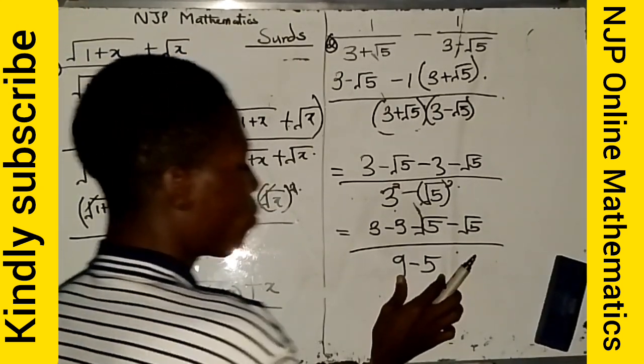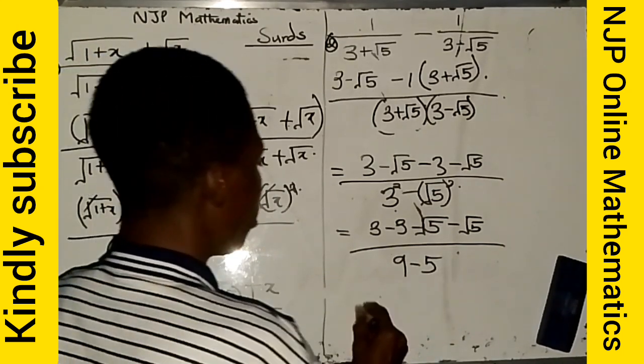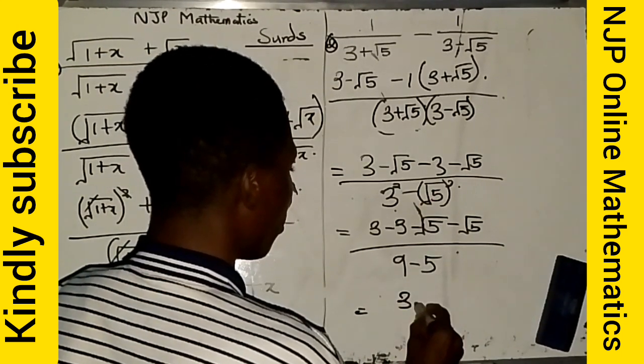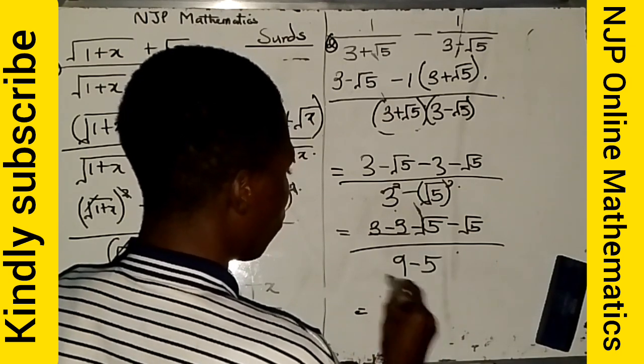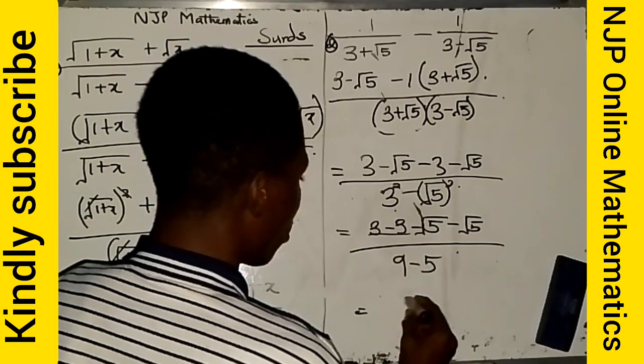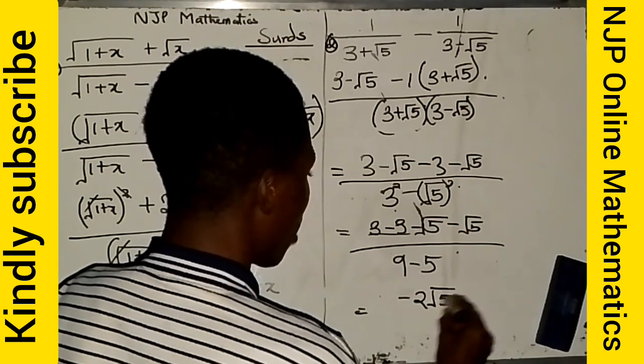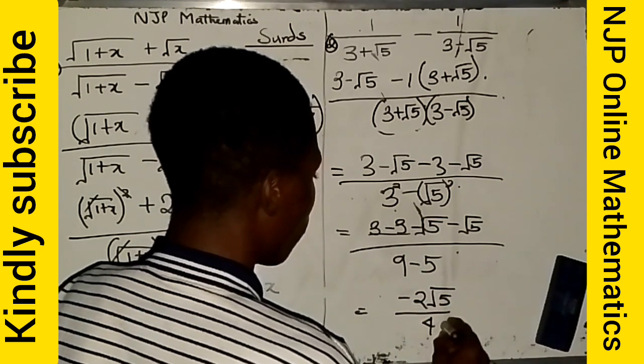So 9 minus 5 gives us what? 4. This will give us 0, and what will be left is minus 2 root 5 all over 4.